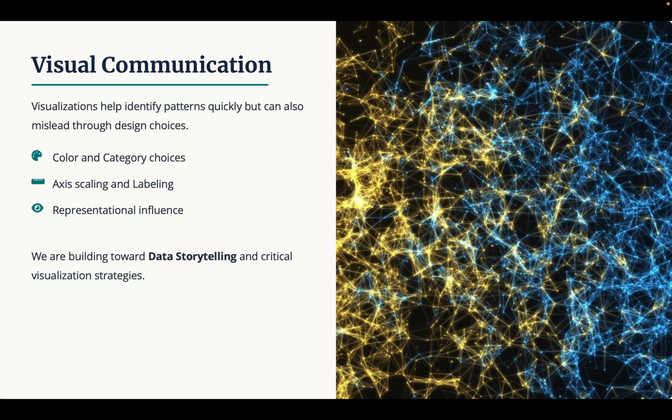This week's visualization exercises are designed to help you think carefully about how quantitative information is represented and communicated. We're beginning to build toward later conversations in the course about data storytelling and critical visualization.